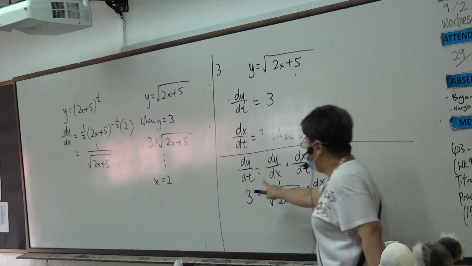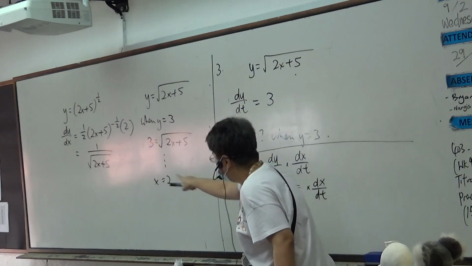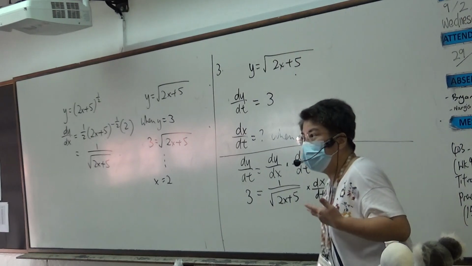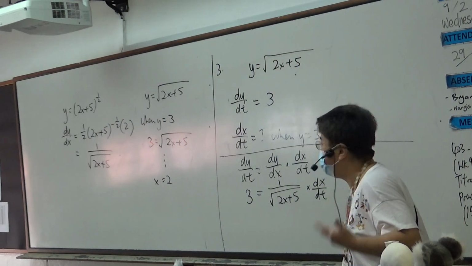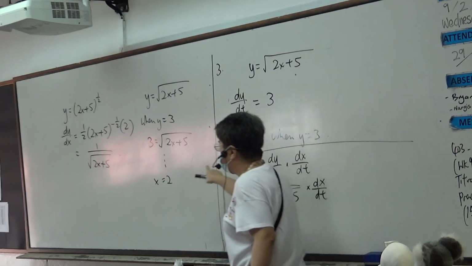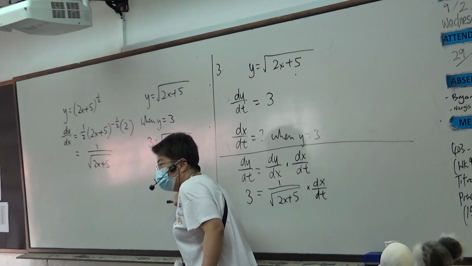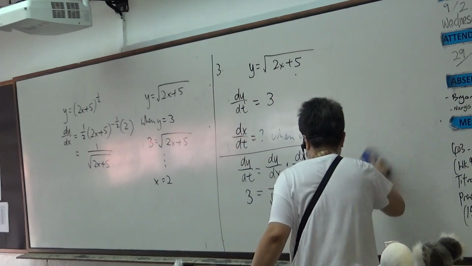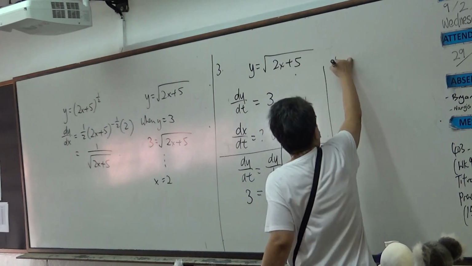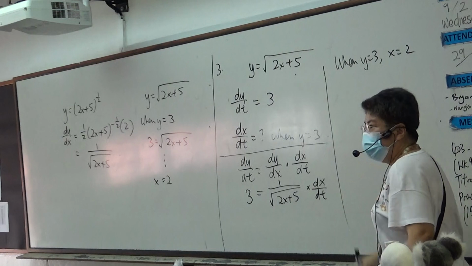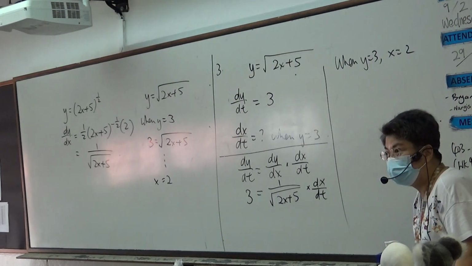Do you agree that dy/dt is 3? This is my dy/dx. This is my dx/dt. I am supposed to find out dx/dt when y is 3, right? Now I know when y is 3, what is my x? 2. So you will say, when y is 3, x is 2.